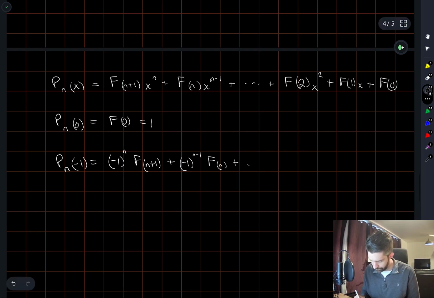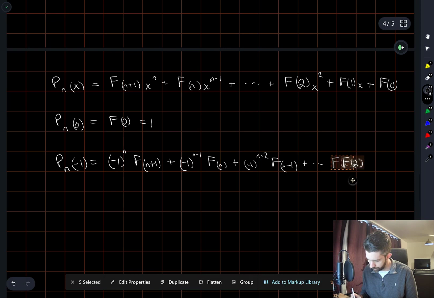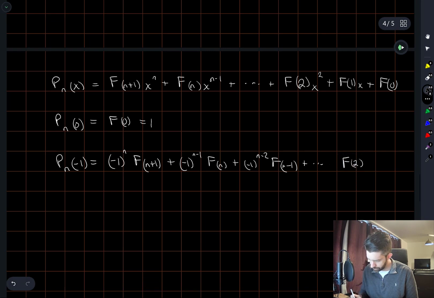I'll write one more term at the top here, n minus 2, fn minus 1, down to f2. I'll write negative 1 squared here, even though we know that's equal to 1, plus f1, minus.